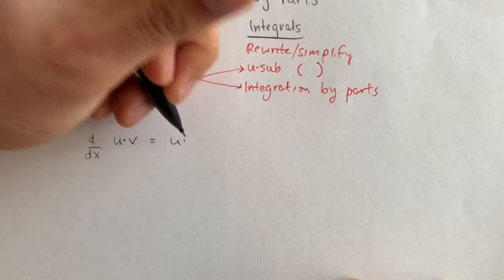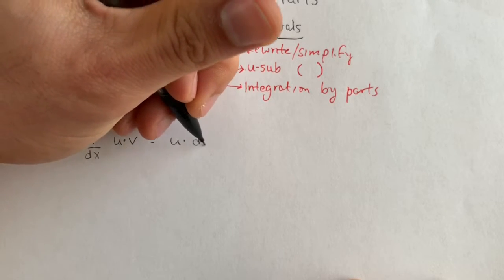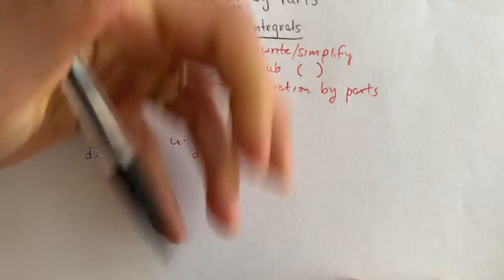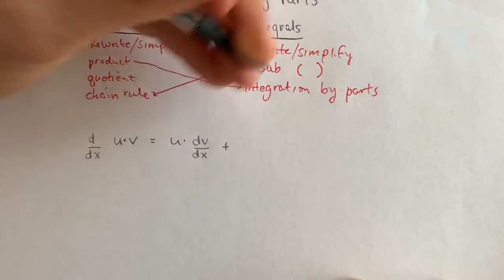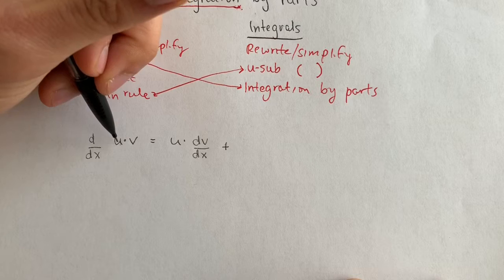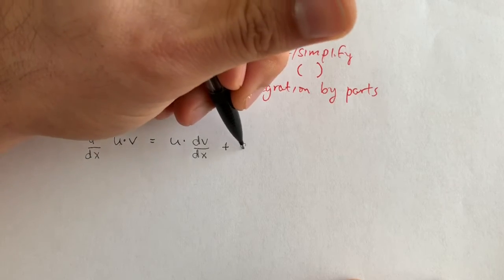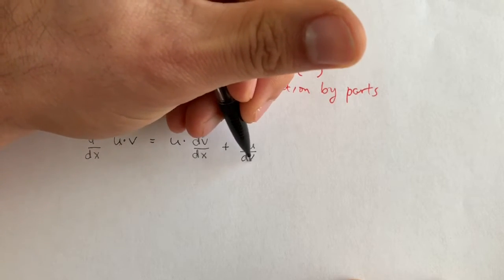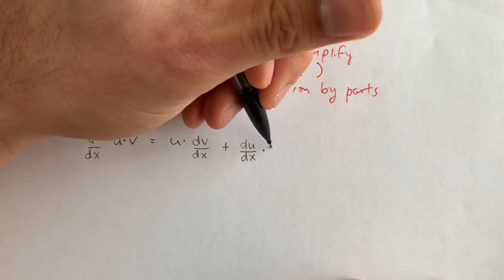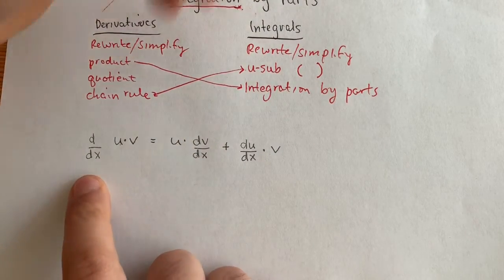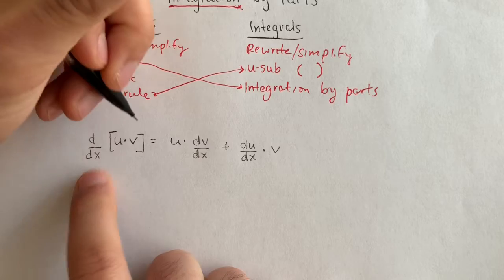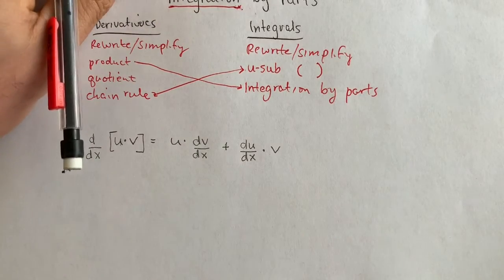So u times dv with respect to x, plus, for the product rule, we derive the u, so that would be du with respect to x times the original v. So this is just saying we're going to take the derivative of this, and here's the product rule.